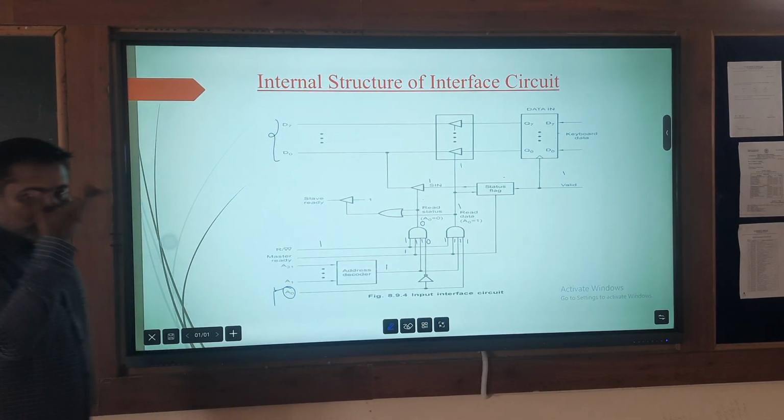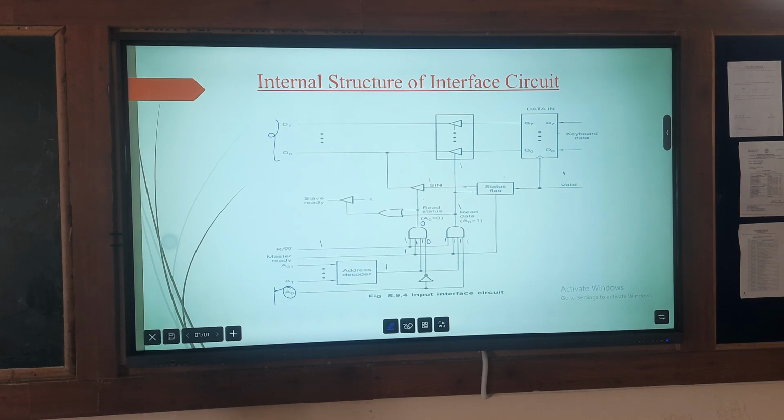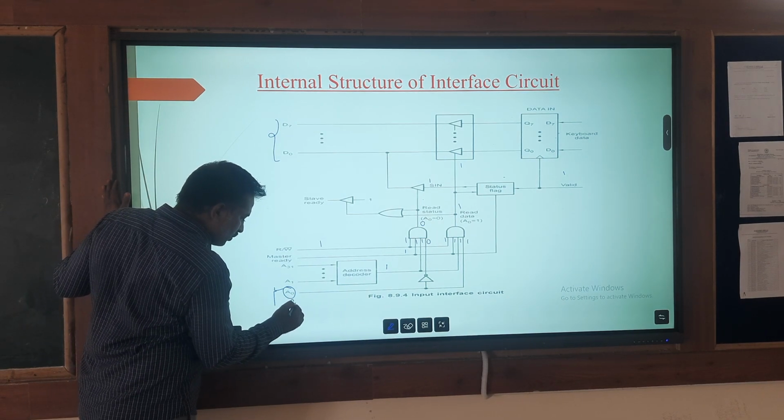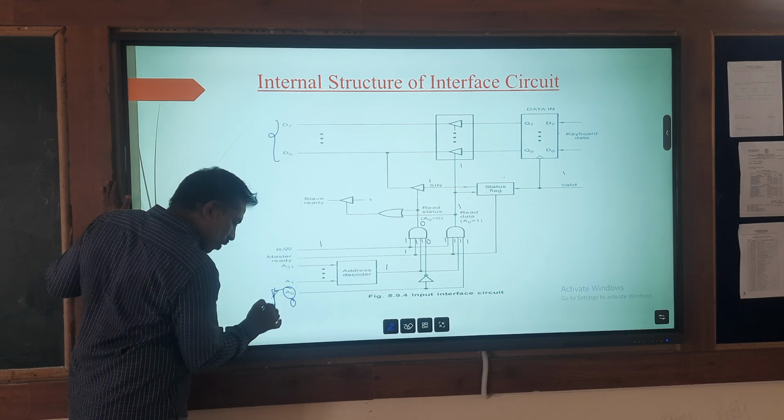Now look at this. In this case, I want to read the status of the data in register. I may not receive the data from the data in register, I just want to read the status. At that time, I use the A0 bit equal to 0 instead of 1.